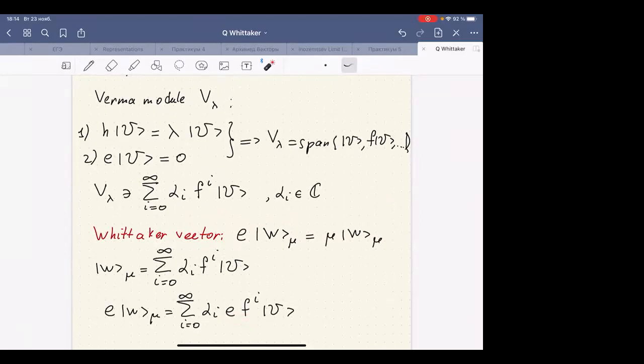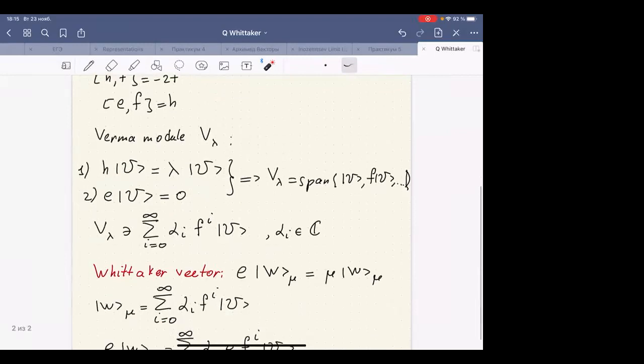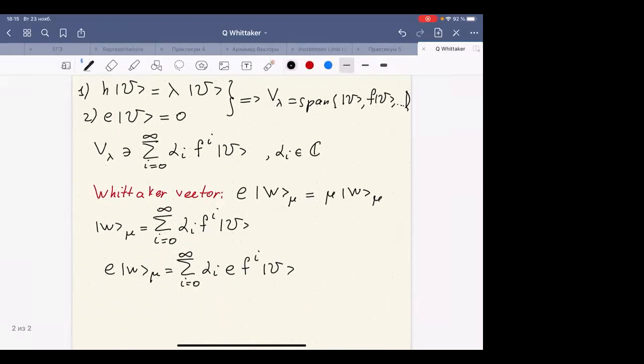To move E forward, I use these commutation relations and obtain something like the sum of alpha I, sum over k from 0 to I minus 1, of lambda minus 2k.